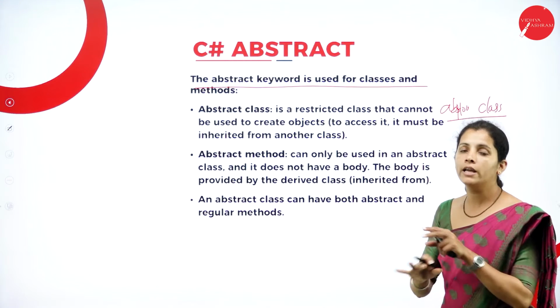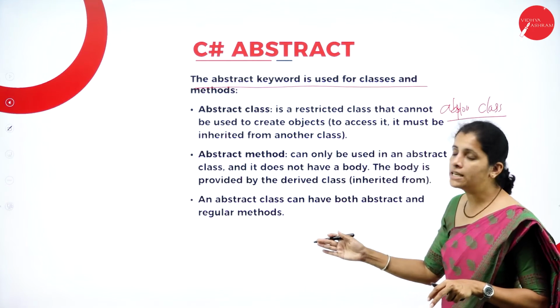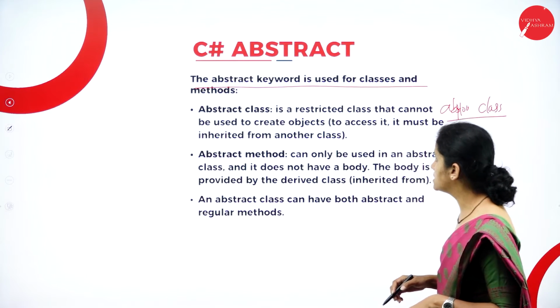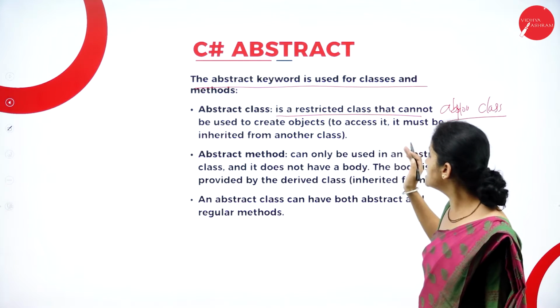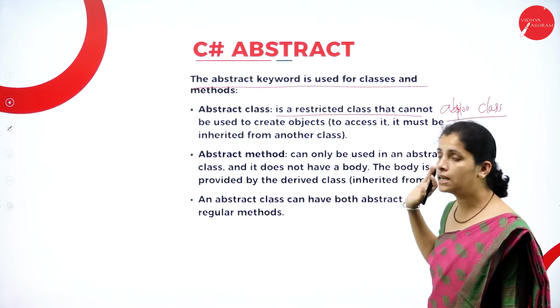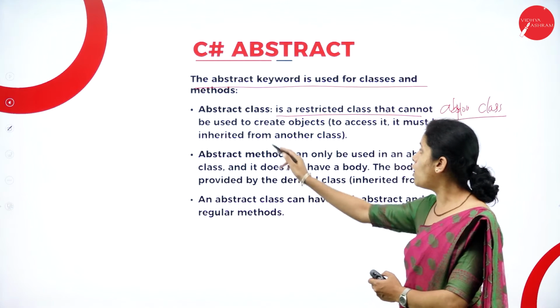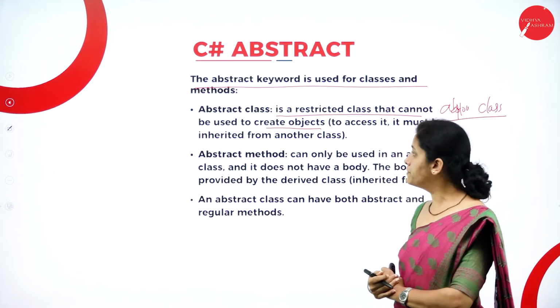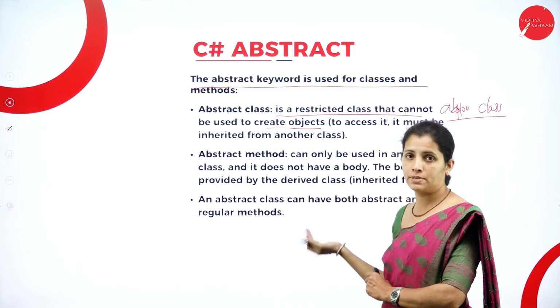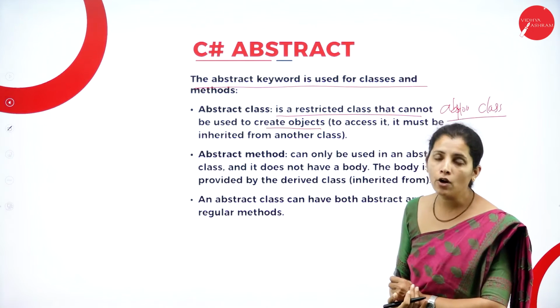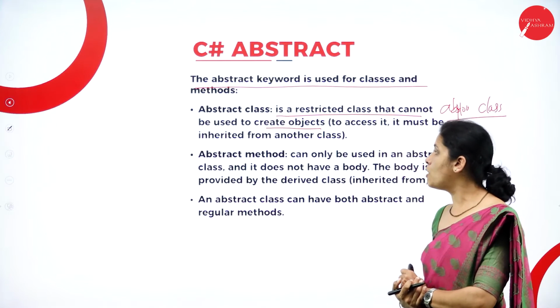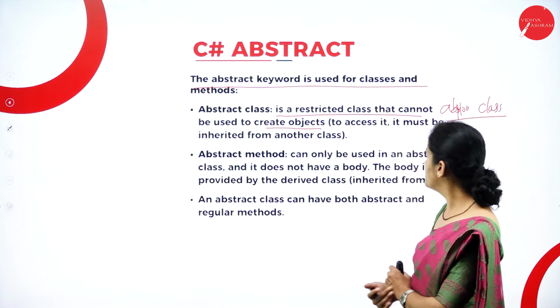That means I'm not able to create objects for the abstract class. So an abstract class is nothing but a restricted class that cannot be used to create objects. If the class is defined as abstract, then we cannot create objects for that class.